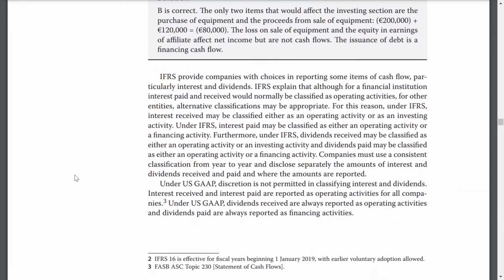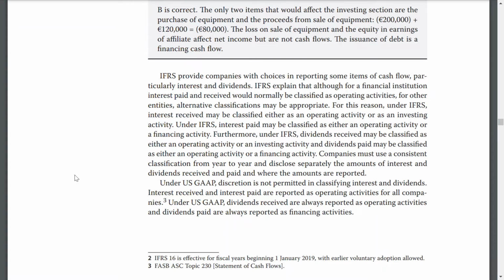IFRS provides companies with choices in reporting some items of cash flows, particularly interest and dividends. IFRS explains that although a financial institution's interest paid and received would normally be classified as operating activities, for other entities alternative classifications may be appropriate. For these reasons, under IFRS, interest received may be classified either as an operating activity or as an investing activity.